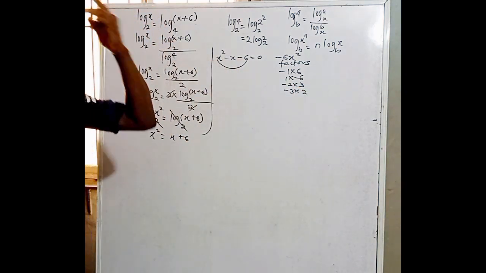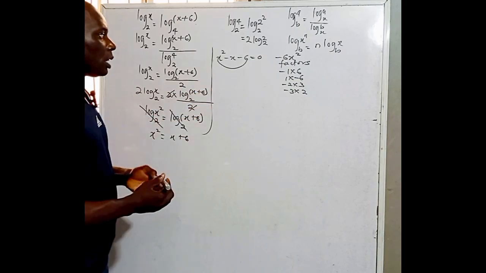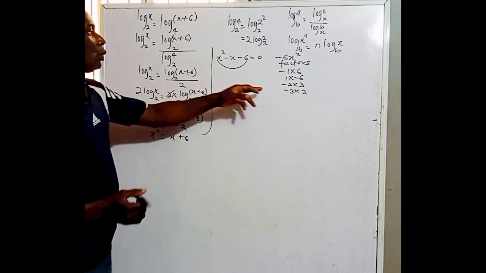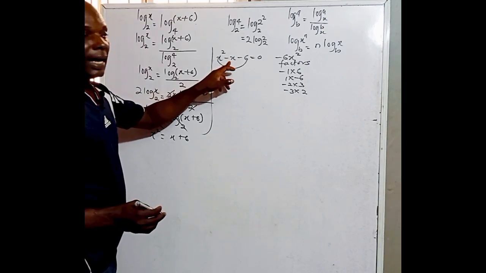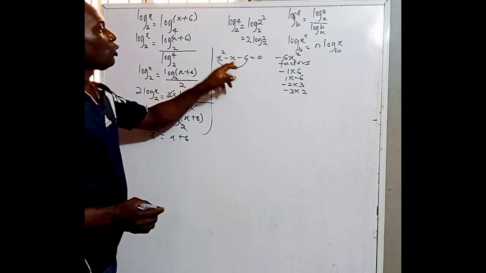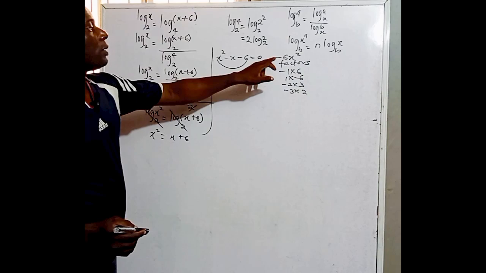We can put them in this form. Then we ask one good question: among these factors, which of them can we add that will give us a negative x, and if we multiply, will give us minus 6x squared?